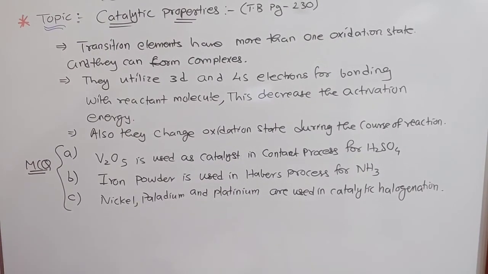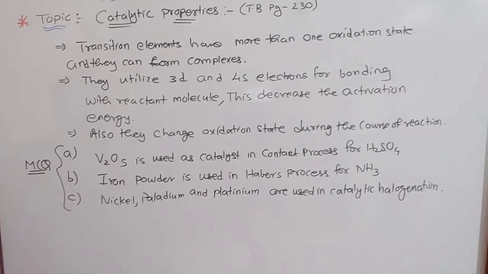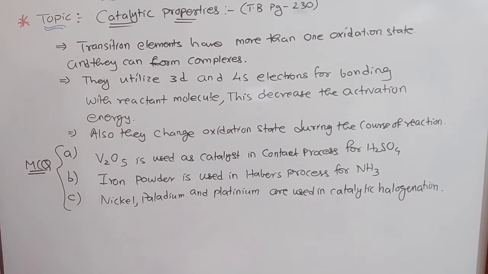Now catalysis is one topic in surface chemistry, so there also many things are given. From there you can just go through it. In your textbook it is given how Fe3+ catalyzes the following reaction, with 2I minus.